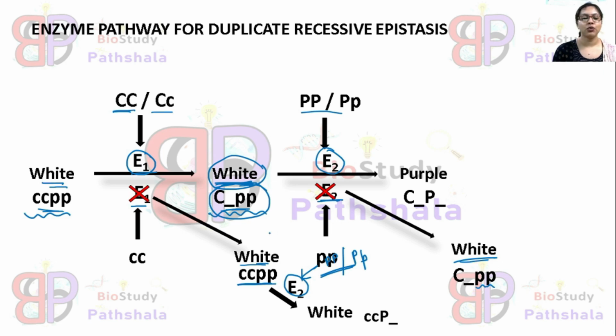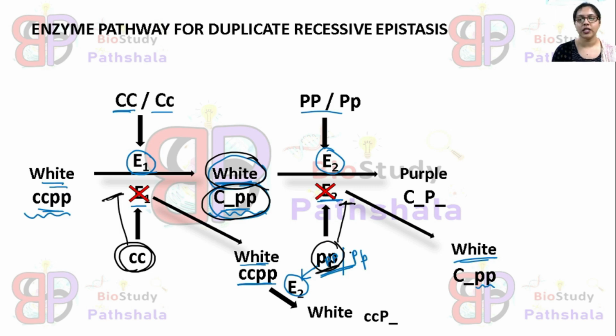So from this pathway we can say that the homozygous recessive form of C gene suppresses this pathway and the homozygous recessive condition of P gene suppresses this pathway. If the intermediate white color, which is coded by capital C dash small p, is present, and here again small p is present, it will lead to formation of white color because it cannot transform this white color to purple color, as the condition is small p, that means non-functional E2 enzyme.